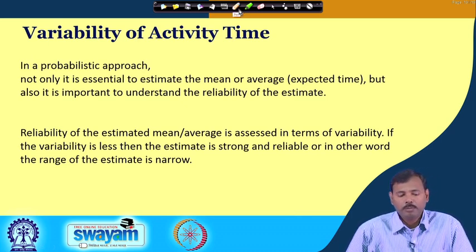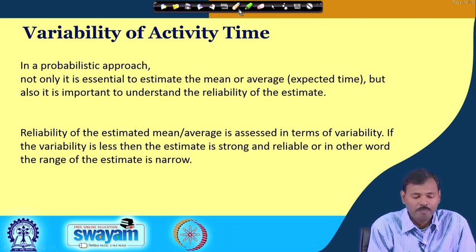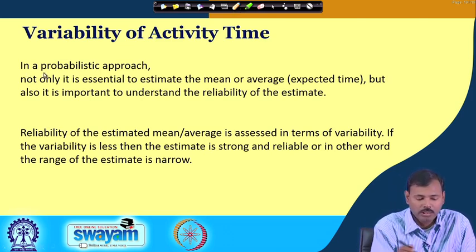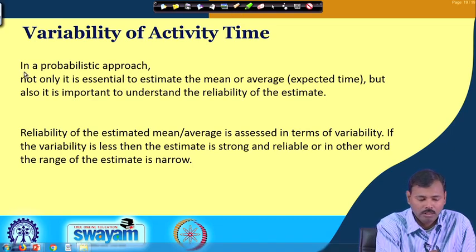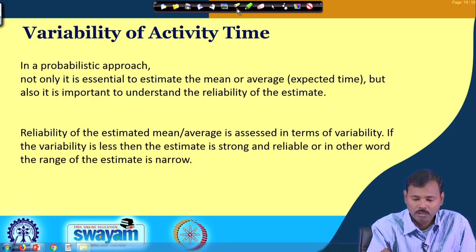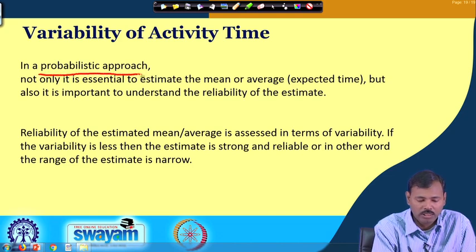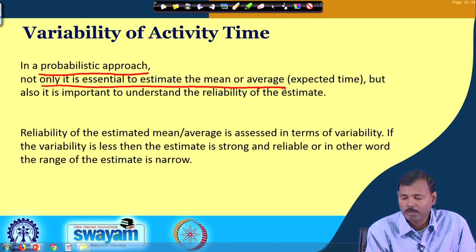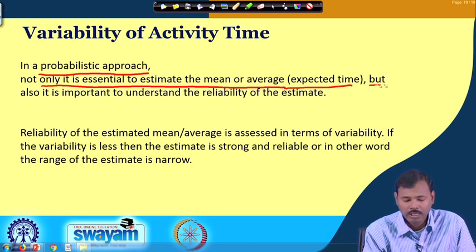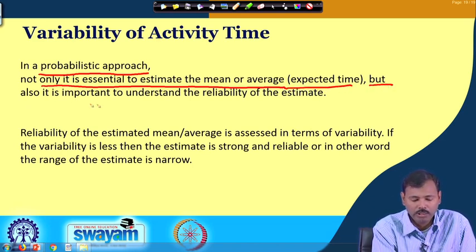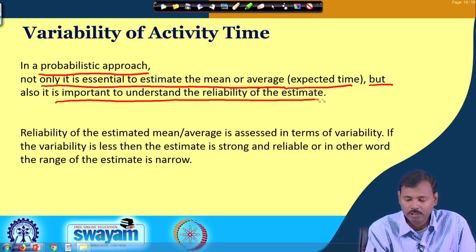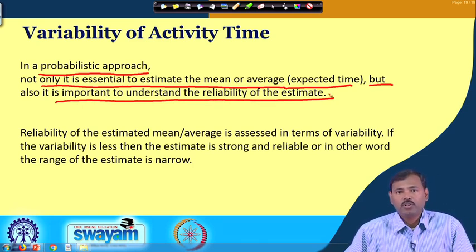The second important parameter in this case is the variability of the activity time. In a probabilistic approach, not only is it essential to estimate the mean or average, that is the expected time, but also it is important to understand the reliability of this estimate, because the variation may be very high, variation may be less.